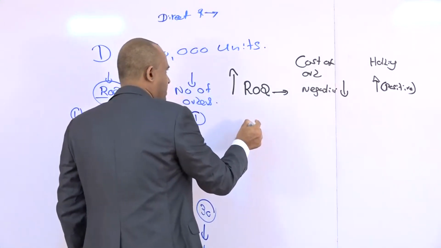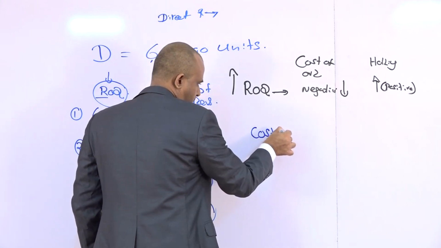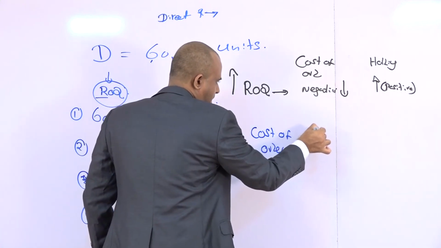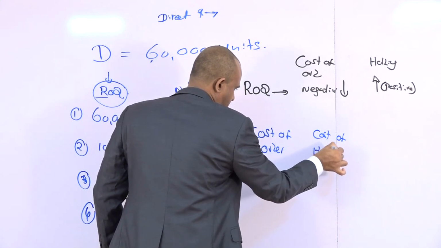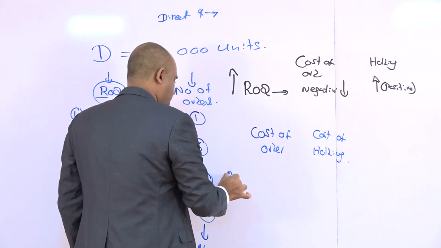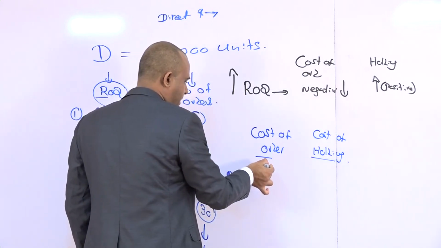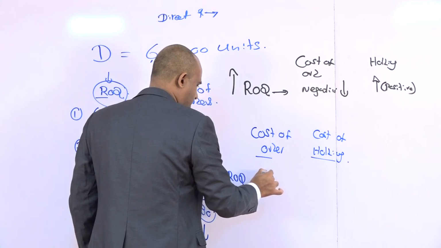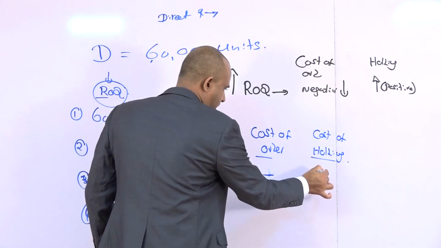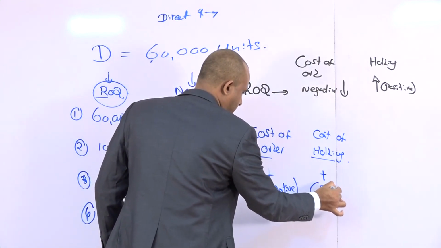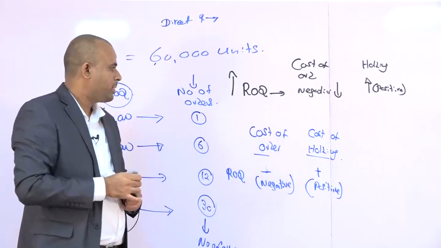So, in summary, reorder quantity and the cost of ordering have a negative relationship, and reorder quantity and the cost of holding have a positive relationship.